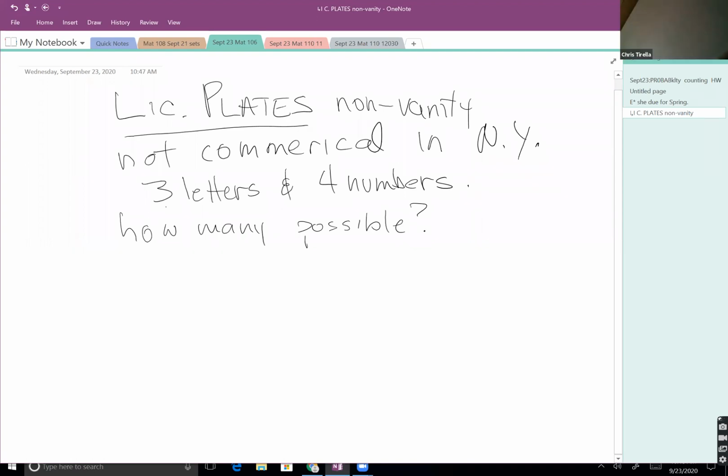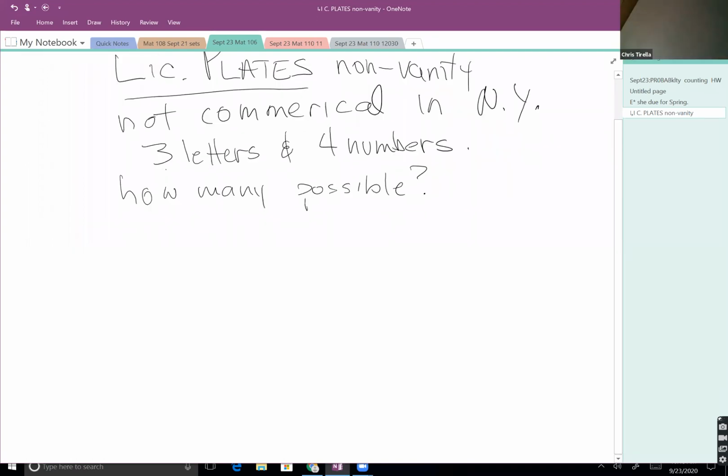How do I figure that out? There's 26 letters to choose from first. There's 26 letters altogether. Can letters repeat in a license plate? Yes.